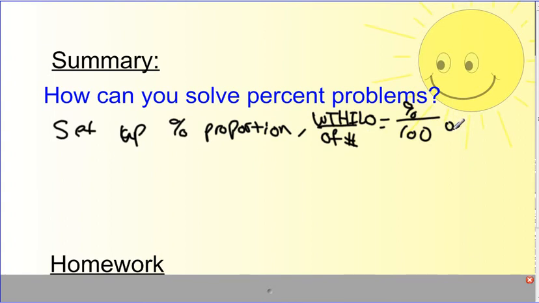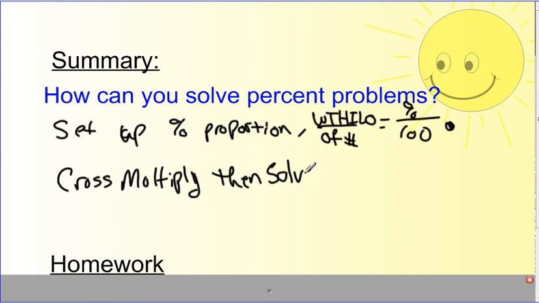Set up that proportion, cross multiply, then solve. How do you solve percent problems? Set up your percent proportion, cross multiply, solve. That's it.